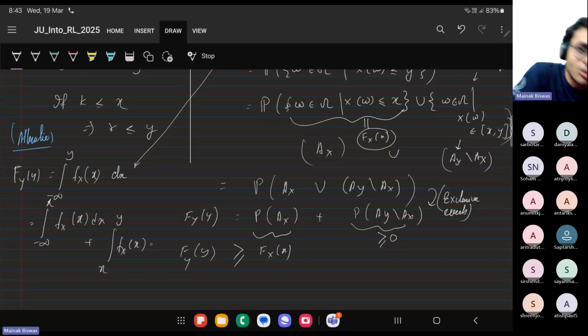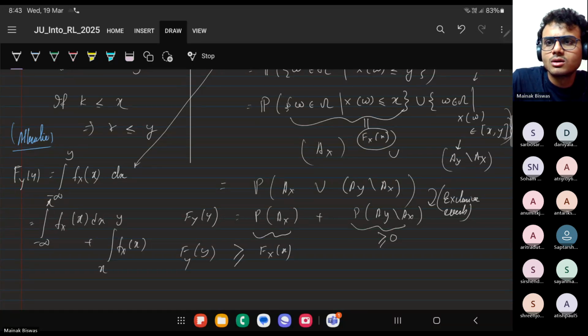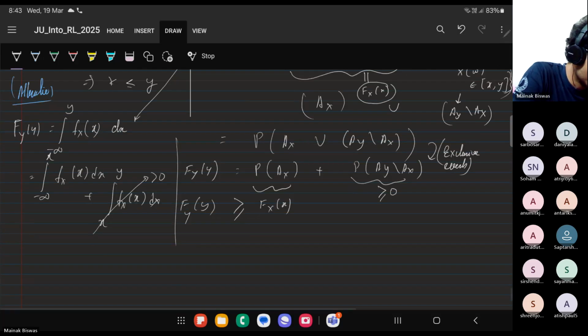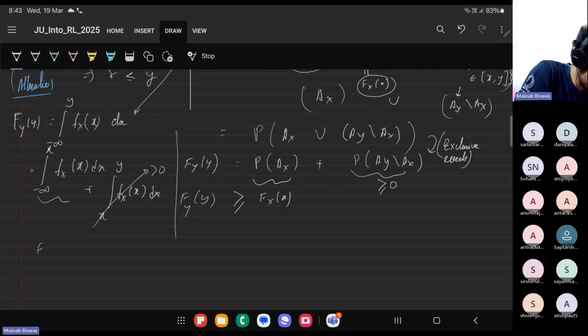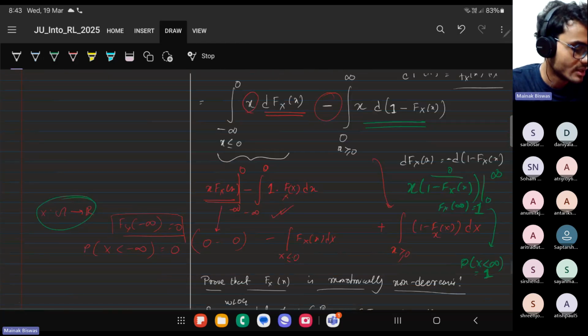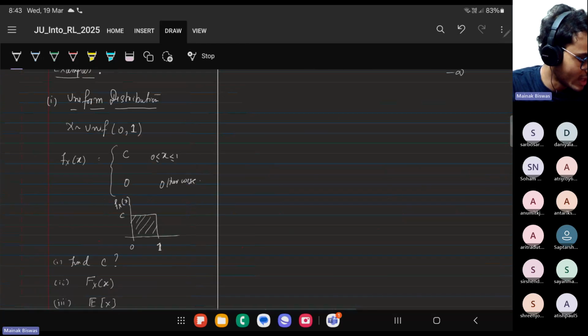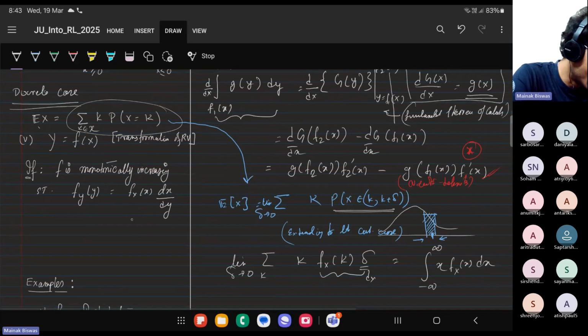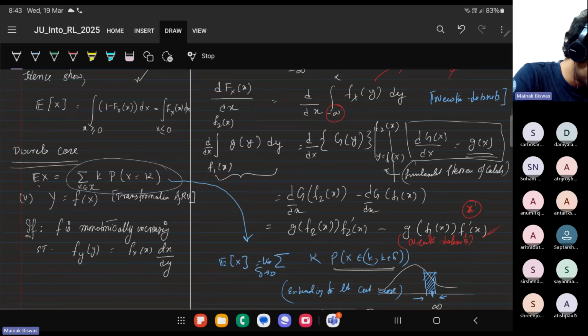This is what you were trying to say, no? Yes, Shayon. So this is also greater than 0. So fx of y is greater than fx of x. This is monotonic, so it will always keep on increasing. Fine. So we are done with all the theory.